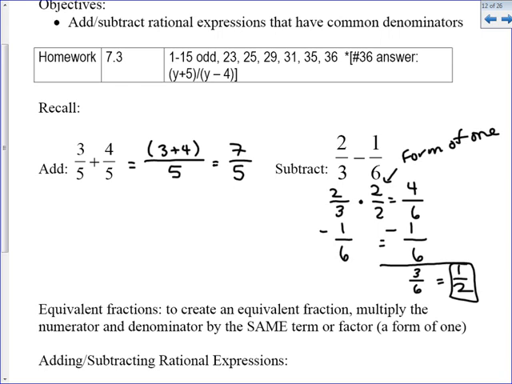So what we just did with simplify is the end of these longer problems. The long process is common denominator, multiply by a form of 1, add or subtract the numerators, simplify. It just gets a little bit longer when we're dealing with polynomials instead of numbers.